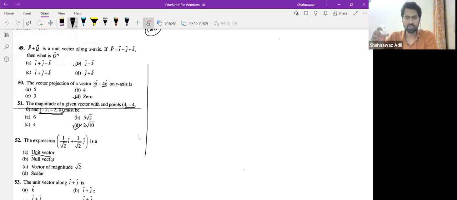Sir, which has no direction. Yes, no direction, but also zero magnitude. That is why it has no direction, right? Can you give an example of a null vector?